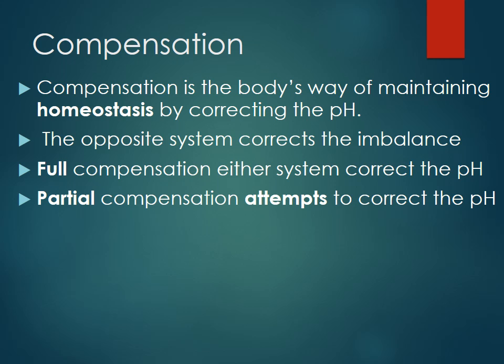The kidneys will attempt to decrease the pH by eliminating, now they're going to get rid of the bicarb. Because look, the lungs are breathing off too much acid. So there's no acid on board.